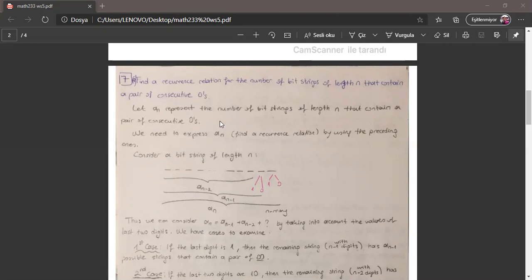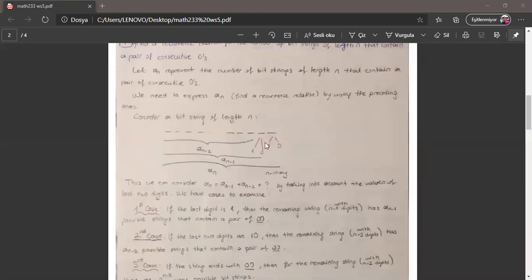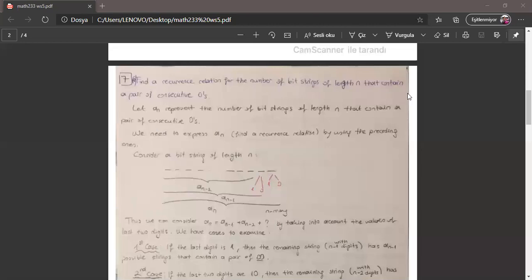Now, we want to find a relation. That's why we need to understand what a n represents exactly. So you can think of it like this. If the last digit is 0, as we want it to contain a pair of consecutive zeros, then we won't have anything to do.